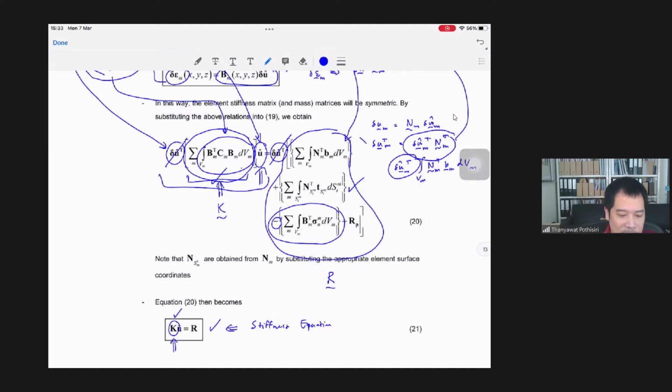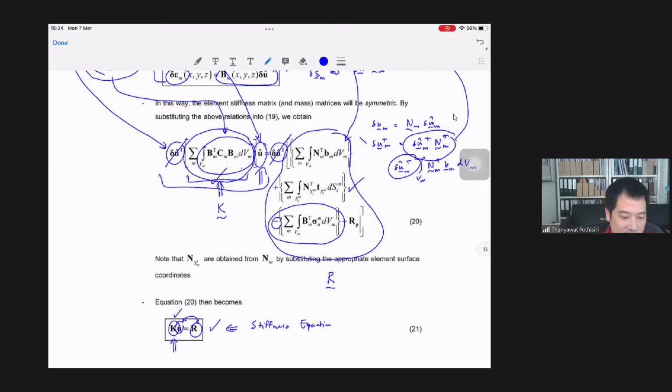Now the problem here is that in order to solve this kind of equation, you need to be able to write this vector on the right hand side in corresponding components with the nodal displacements. Meaning that you need to also be able to write the load components of this vector on the right hand side as nodal quantities as well.